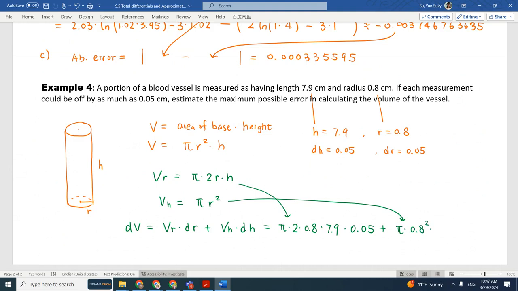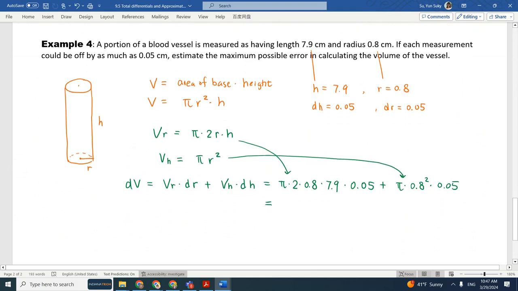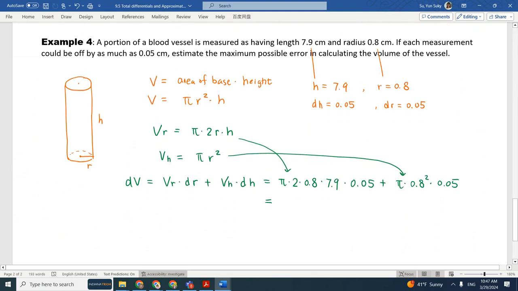What is dh? 0.05. Good. Put this in your calculator. What do you get? Sorry, 2.086. Like that? Okay, thank you.